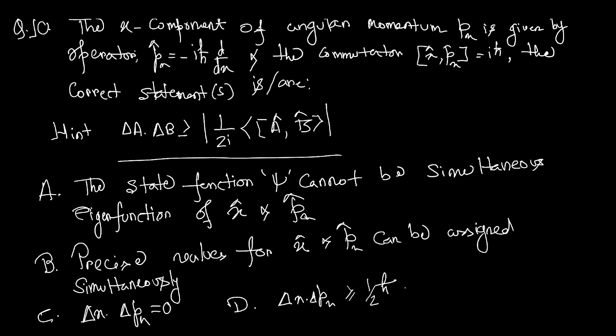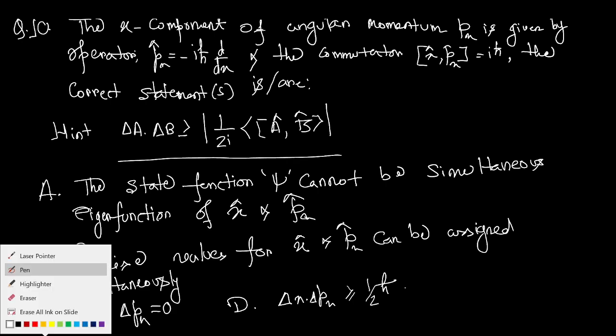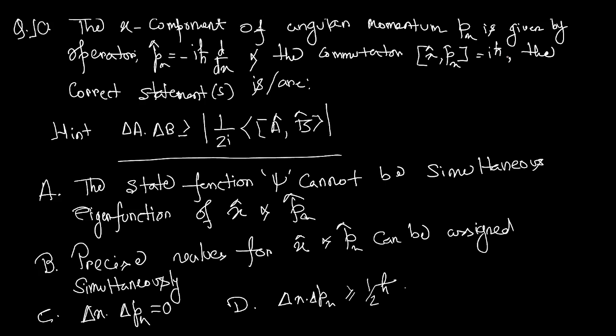Now the question, what they say, the px, they have given the px value and they have given the commutator between x and px. Now you can see that px and x do not commute. This value is not 0.